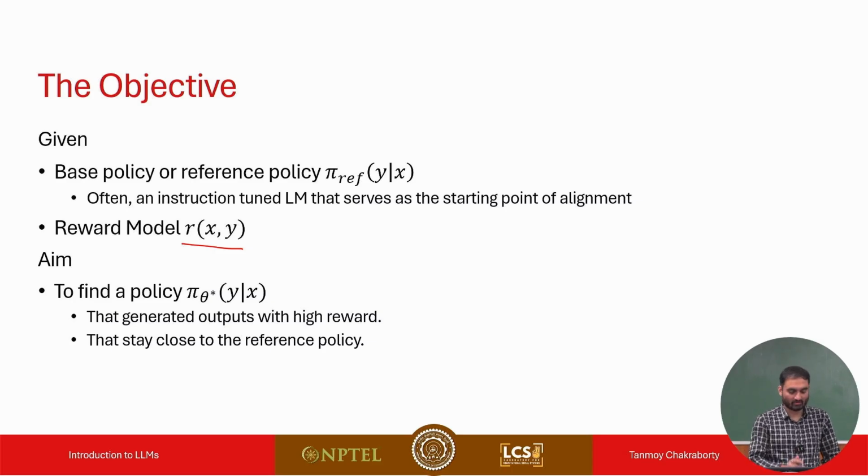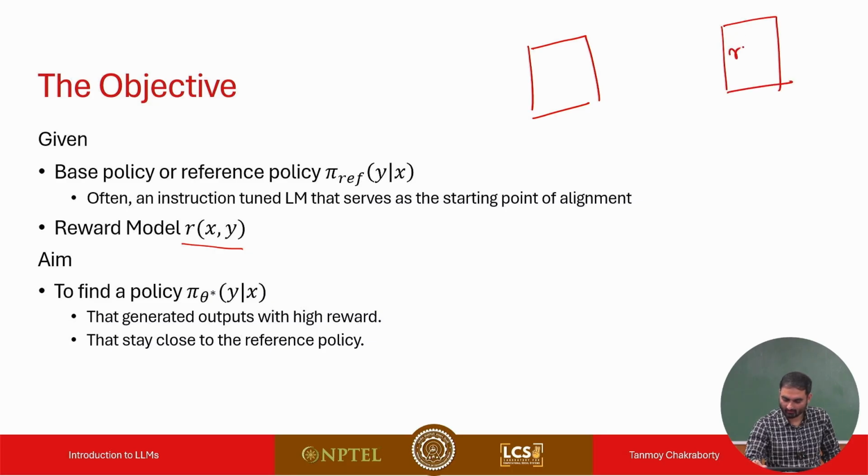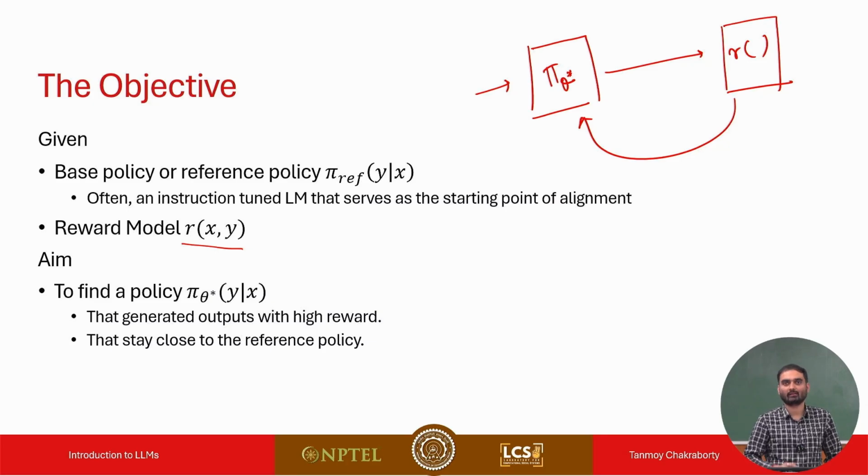Now, what is our task? Our task is to essentially, let me draw this figure again. This is R, this is my policy, right? Okay. So my task is to find the optimal policy, meaning my task is to fine tune the policy LLM again and again based on the reward feedback obtained from the reward model, right?